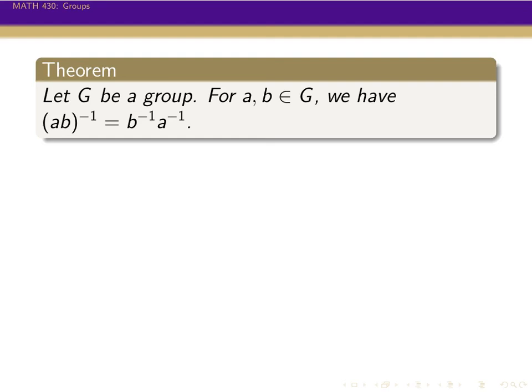If you notice, the order inside the parentheses gets swapped once I apply the inverse. AB inside the parentheses, once we apply the inverse, swaps the order and gives us B inverse times A inverse.